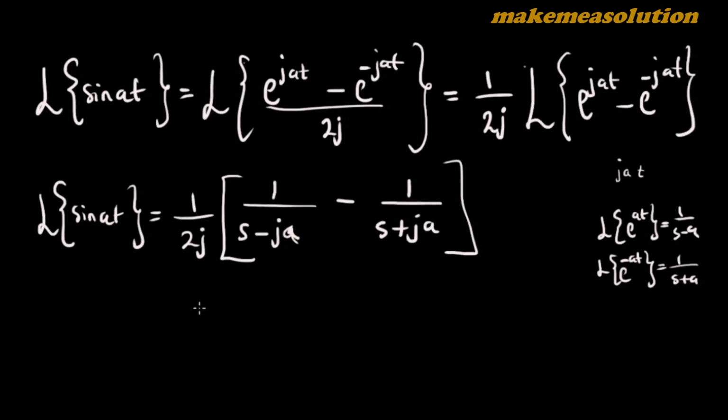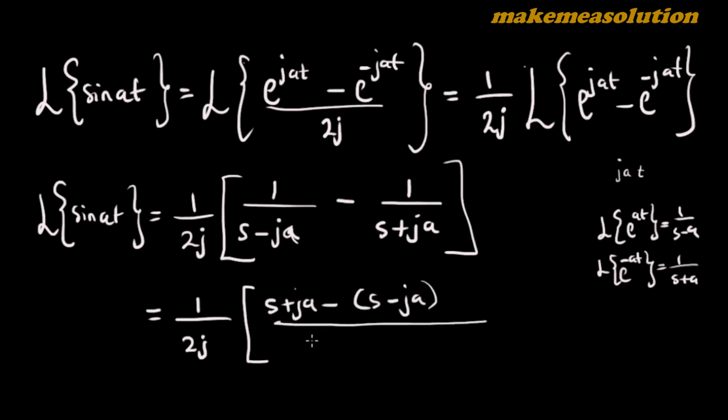Okay, so you now have 1 over 2j, times, when you solve this bracket, s plus ja minus s minus ja, all over s minus ja and s plus ja.